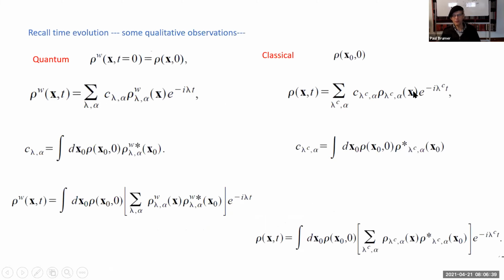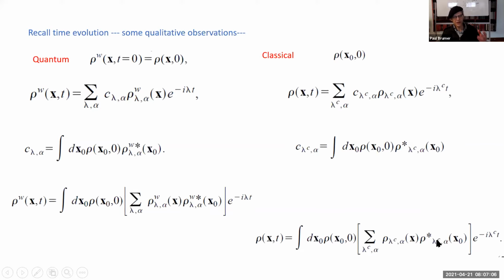But now I just want to go qualitative for a bit. This is the sequence that I showed you before, starting with some initial wave function and ending up with the time evolution of the wave function in quantum mechanics. This is starting out with some classical density, evolving and ending up with this result in classical mechanics.